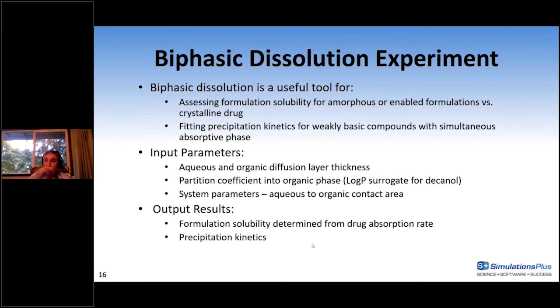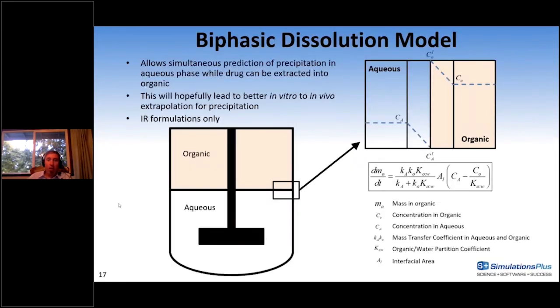So the biphasic dissolution model is shown here. This is the mathematics that we use to calculate the rate of transfer between the aqueous phase and the organic phase. There's really a diffusion in 2 unstirred layers, the unstirred water layer in the aqueous phase and the unstirred organic layer in the organic phase.